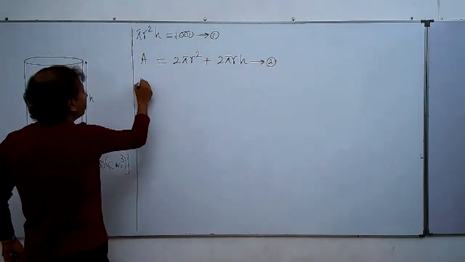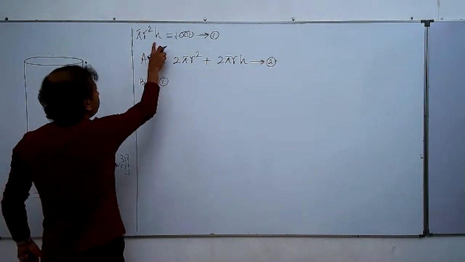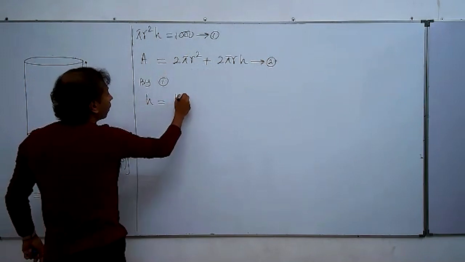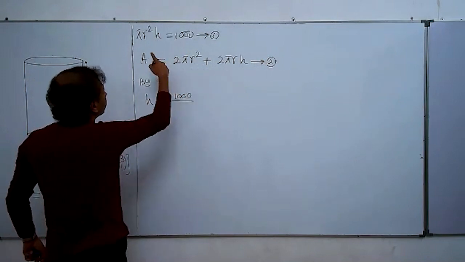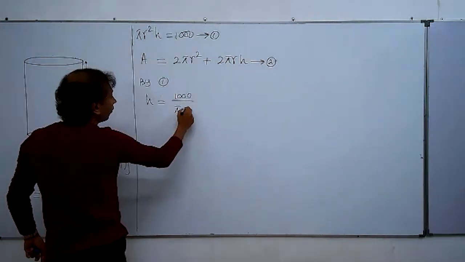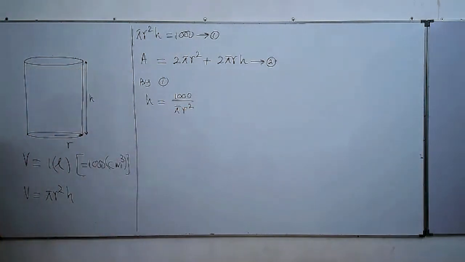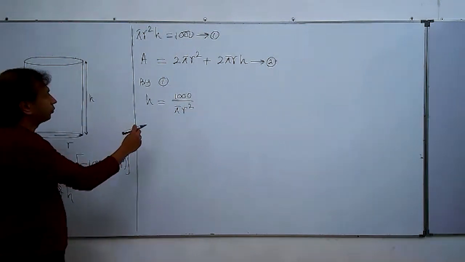By 1 we can write H equals 1000 divided by pi R squared. Put that in number 2.